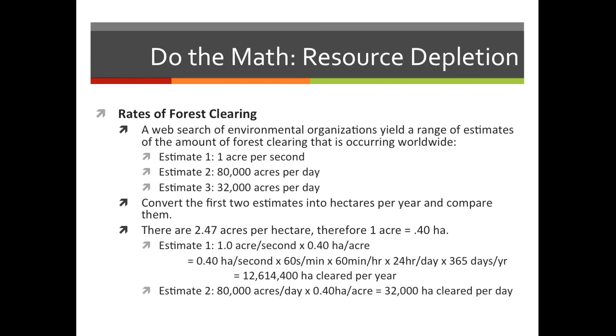We want our answer to be in hectares per year. But we stopped right here because I want you to take a look at estimate 3. You notice it's 32,000 hectares per day. That's the same as what we got right now. So I'm going to stop this problem right here, and I'm going to let you finish it.